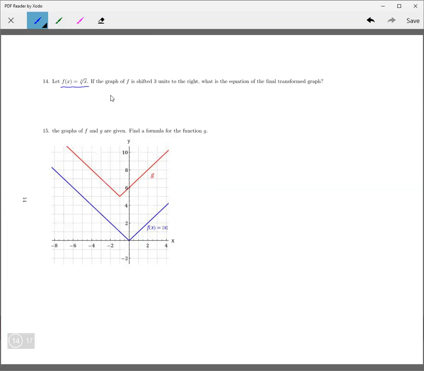So 3 units to the right, right and left is horizontal, so that's going to be inside. And since it's 3 units to the right, then you need -3. So you replace the x with x -3, and that will do it. So it's just kind of going backwards.